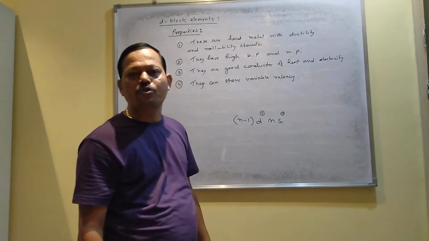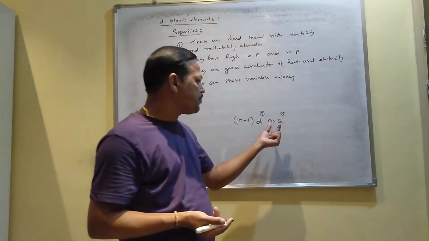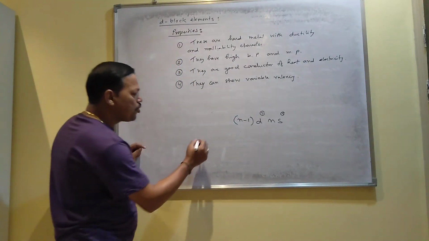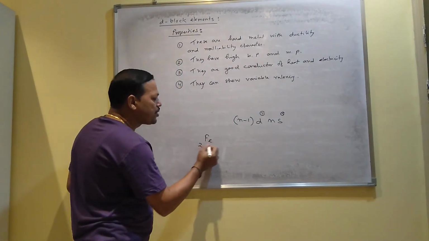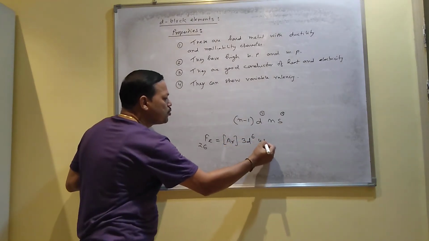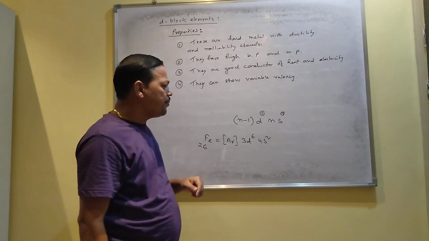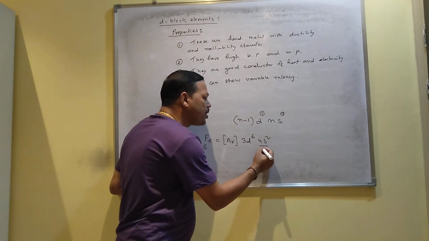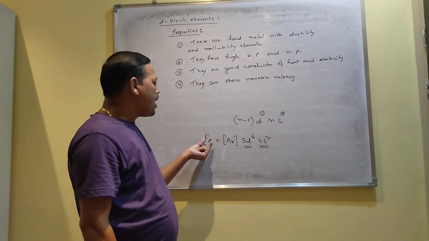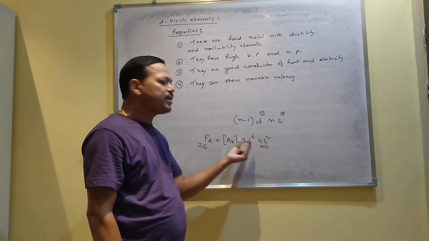For example, iron is 26, its electronic configuration is argon 3d6 4s2. Iron can release 2 electrons or 3 electrons also, to make it half filled.